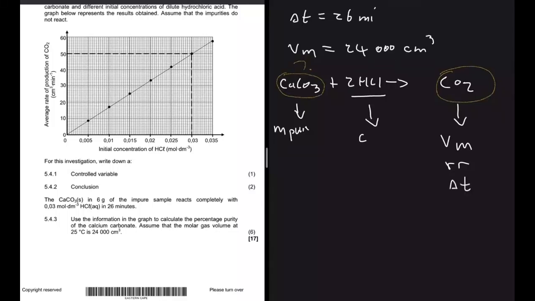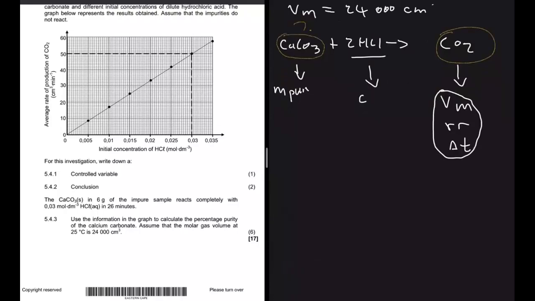So it seems like CO2 is what we can use to calculate everything else, because this is where we have the most information. So we can use the reaction rate to calculate the volume of CO2, right? And then we can use the volume of CO2 to calculate the number of moles of CO2.